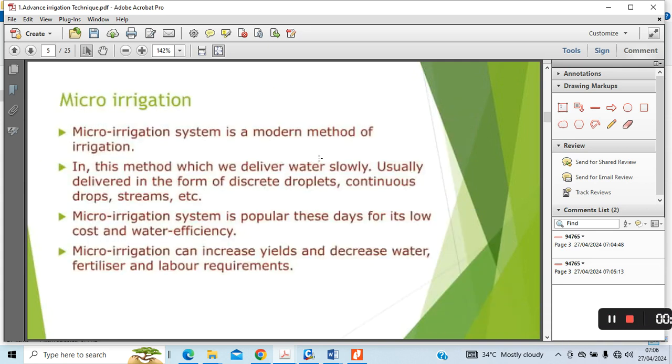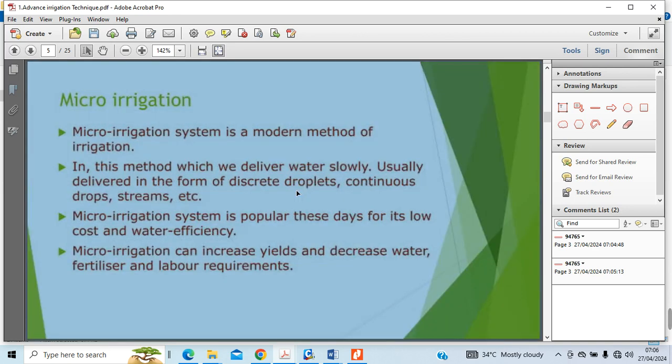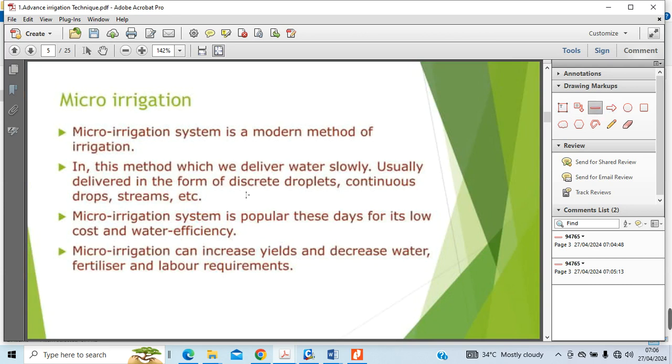A micro irrigation system is a modern method of irrigation. In this method, we deliver water slowly, usually in the form of discrete droplets, continuous drop streams, etc. The micro irrigation system is popular these days for its low cost and water efficiency.